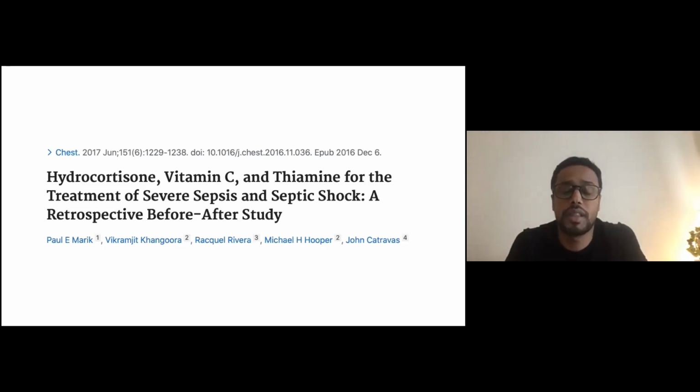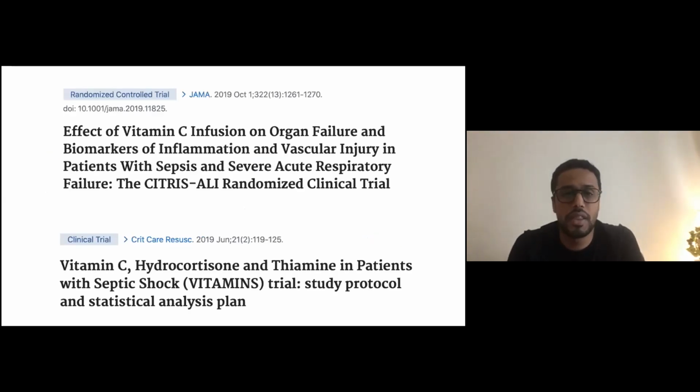And we concluded that we needed more studies and external validation before applying Marik cocktail to our septic patients. There were 2 studies done last year addressing this issue, and both found that Marik cocktail doesn't work.